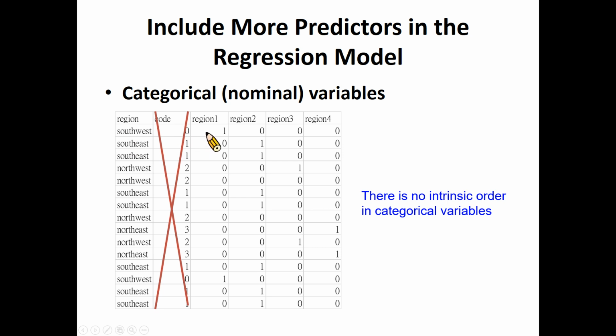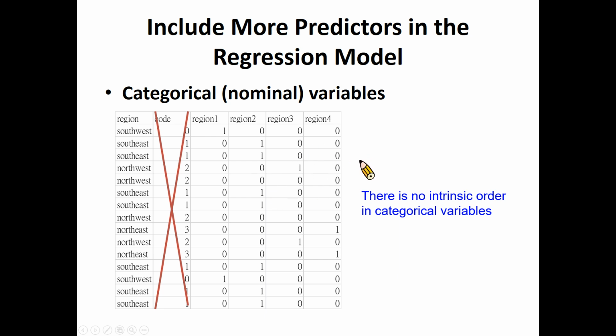If we assign the southwest to region 1, then in this column we use 1 for the southwest and 0 for the rest of the regions. Likewise, in region 2, we assign the southeast as 1 and the other regions as 0, and so on.